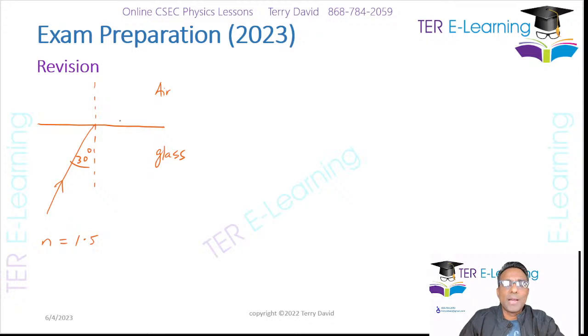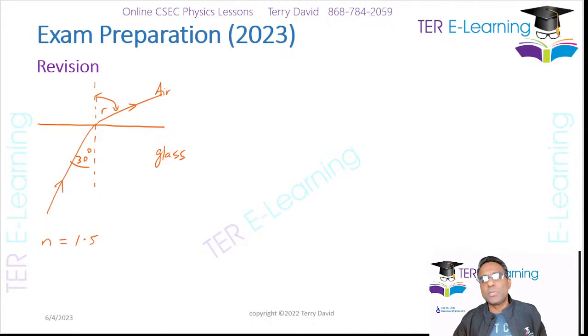I want to figure out the angle of refraction when the ray goes from glass to air, so we want to figure out this angle here. This particular question always poses a challenge to students because they get confused with the calculation.